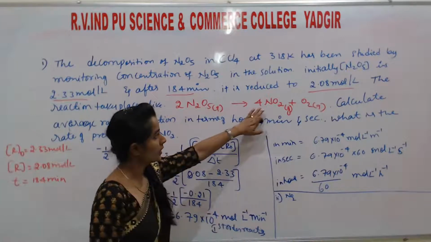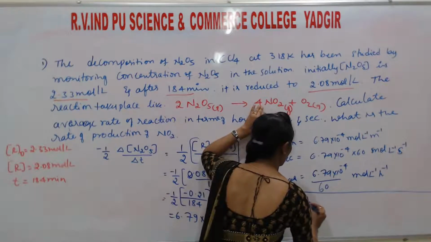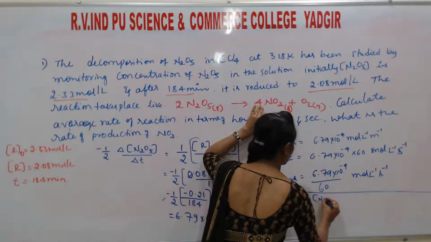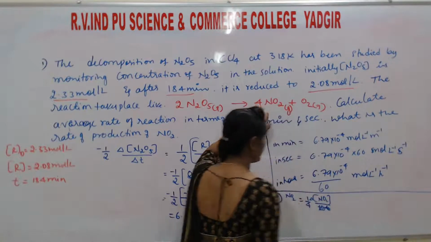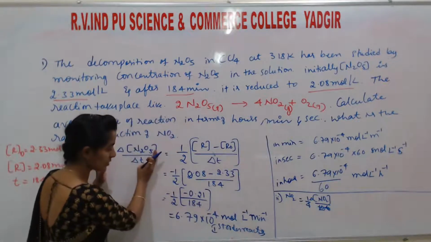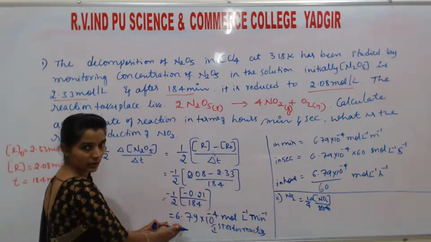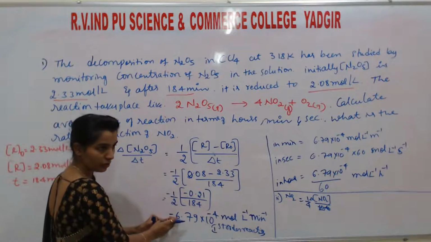So by comparing with these students, this is equal to 1 by 4 times the change in concentration of NO2 by time taken or delta T.